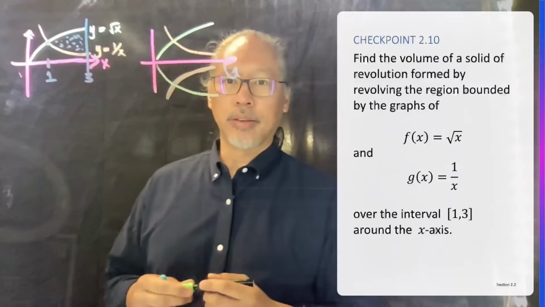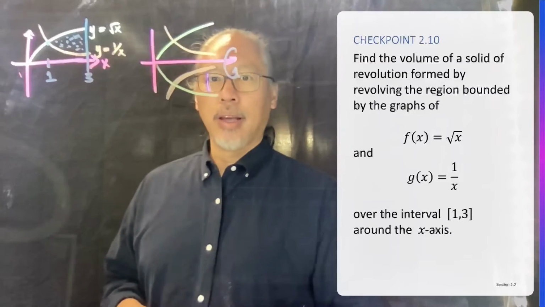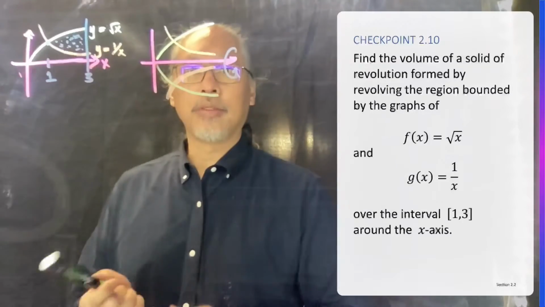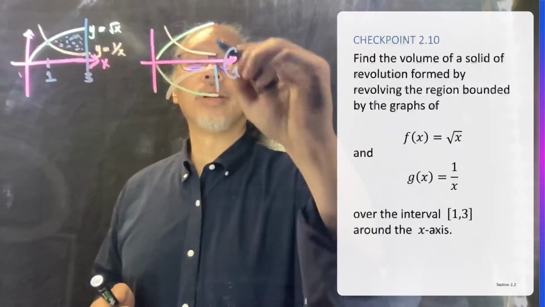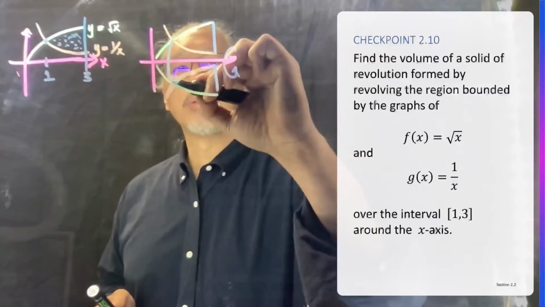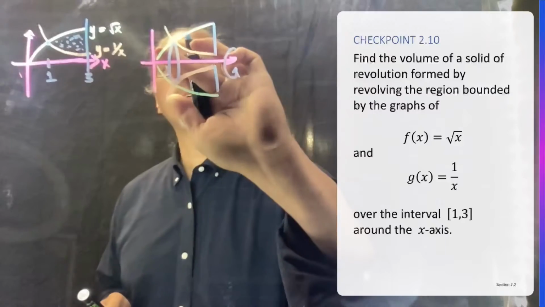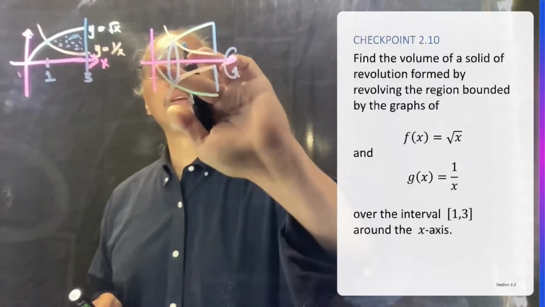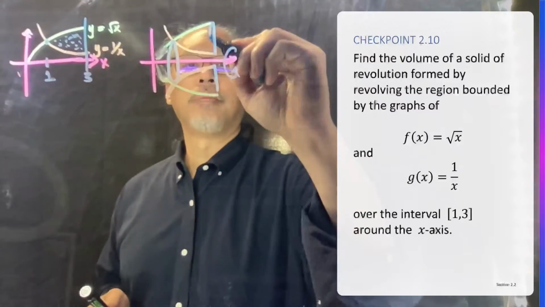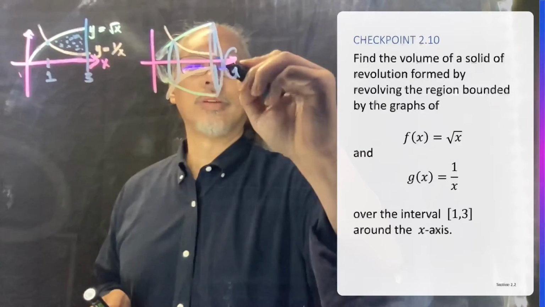All right, so that's the mirror image, and we're going to cut it off here. As we do the rotation, we're going to create this region. So we kind of don't need this part. Let's take that off, and then we'll do the rotation.